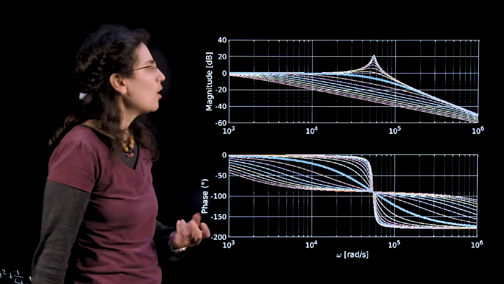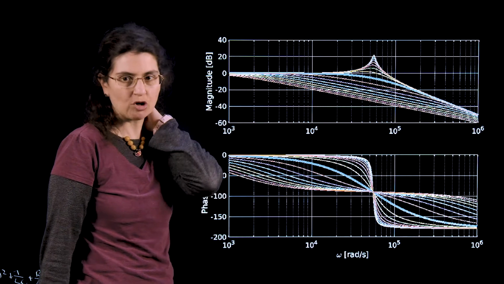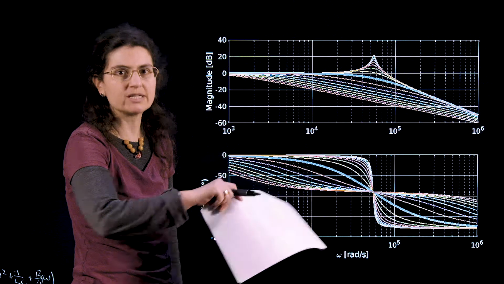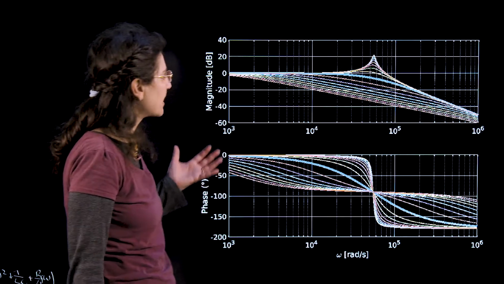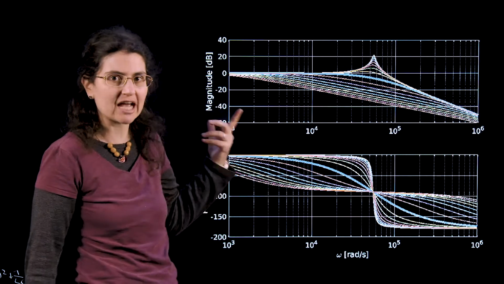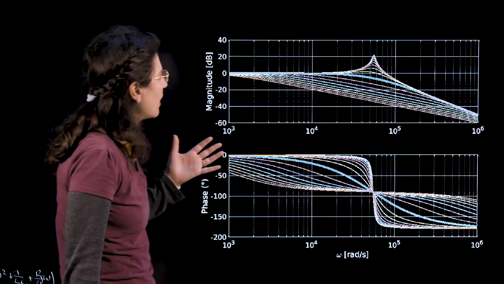And that's the thing. With second order systems, we don't have one response, like in the case of the RC circuit, where it's always that one response, and the only thing that changes is the cutoff frequency. In this case, my resonance frequency changes, but also my damping factor, so the actual way my response looks changes as well.